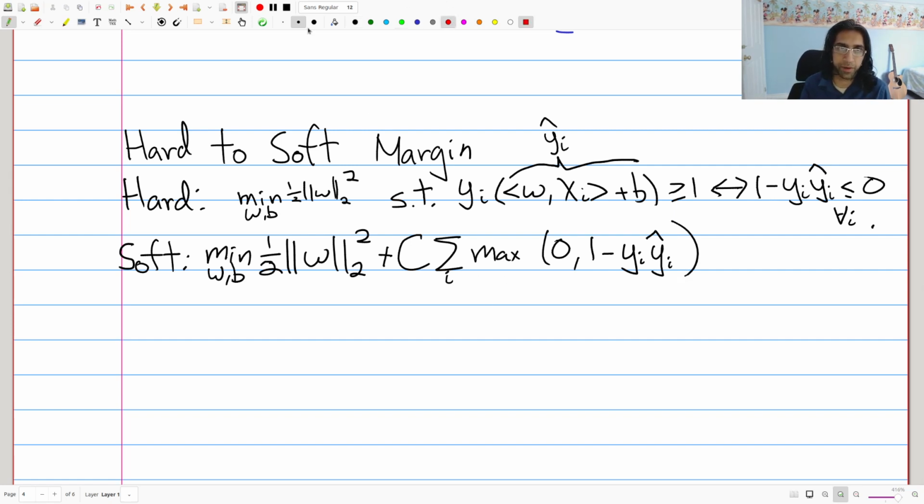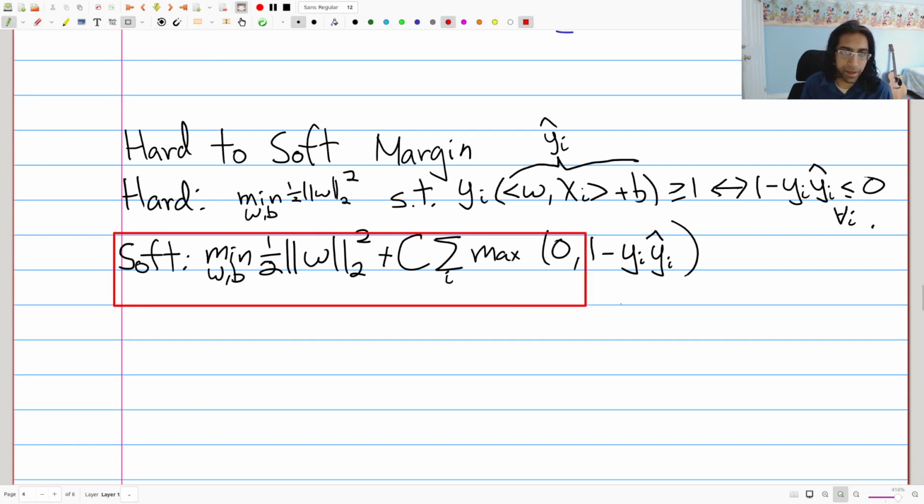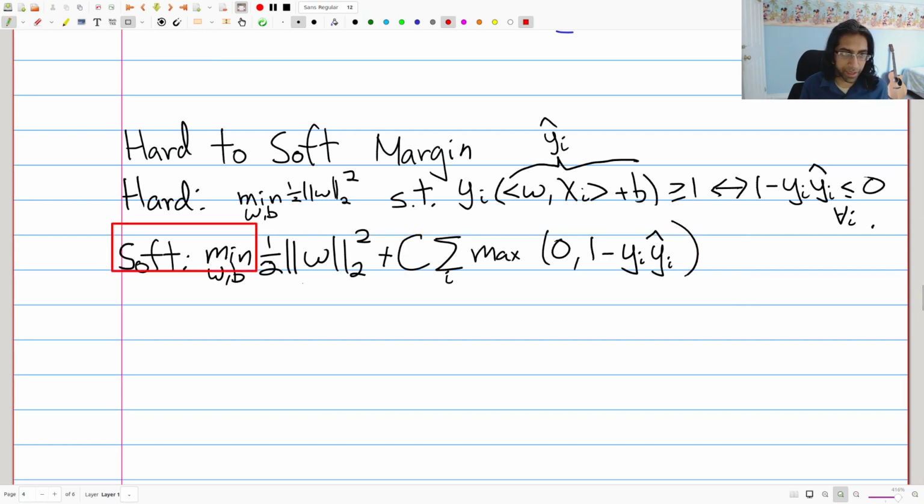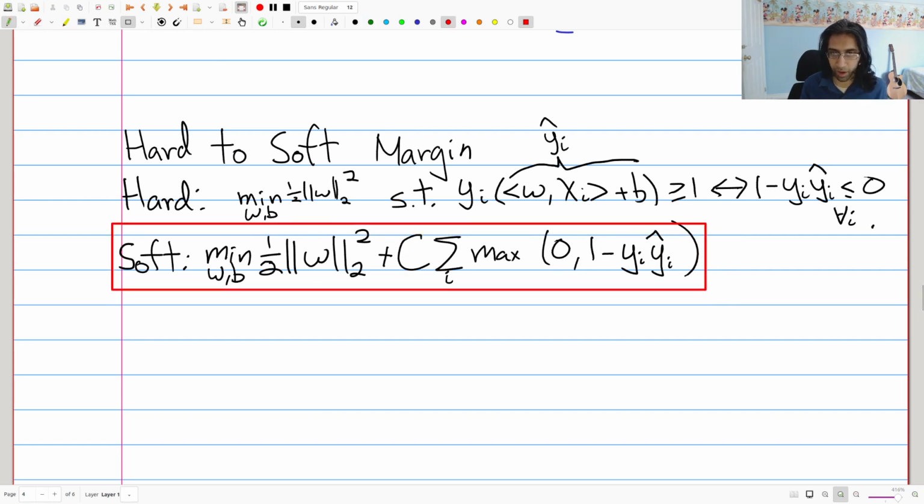This is, in fact, let me put a box around this because it's important. Yeah, this here is the soft margin SVM problem, the primal form of it. We'll revisit the dual in a little bit. But yeah, this is the soft margin SVM problem.